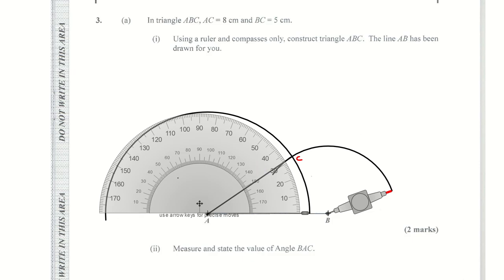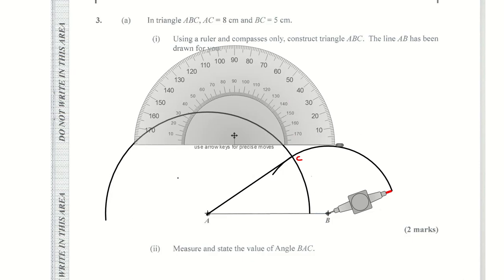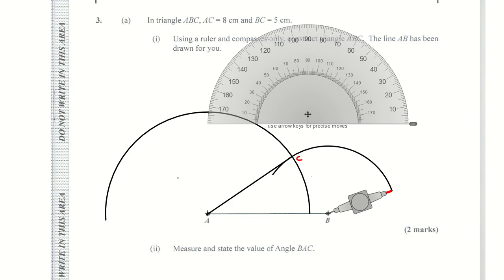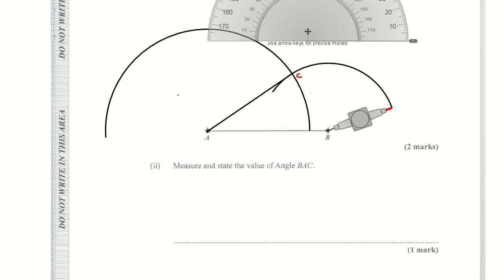Reason being is because this one was a little bit off, but it would have been 30 degrees. So you're going to use your protractor, right? Measure and state. The only way that you can measure the value of your angle is using a protractor. So BAC is equal to 30 degrees, and that would be your answer for this.